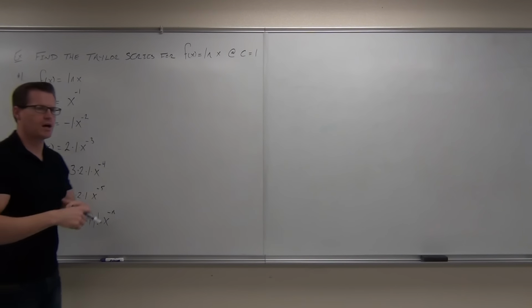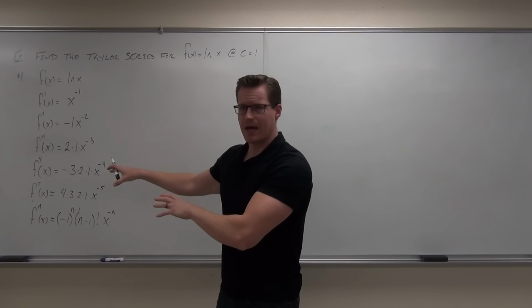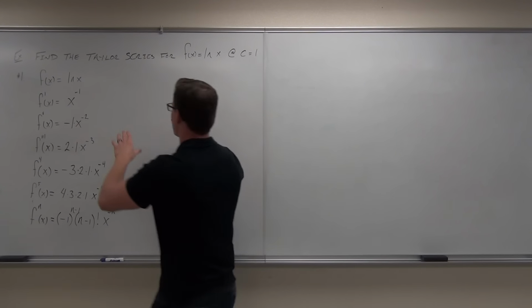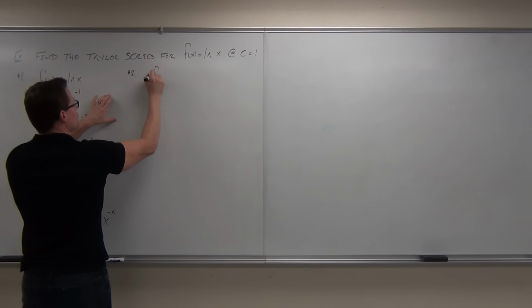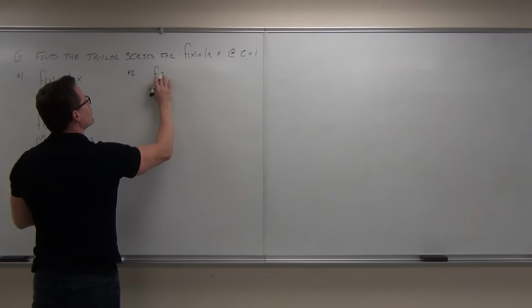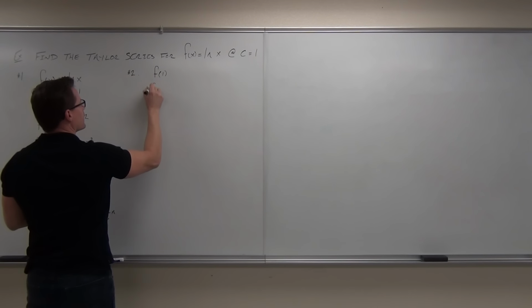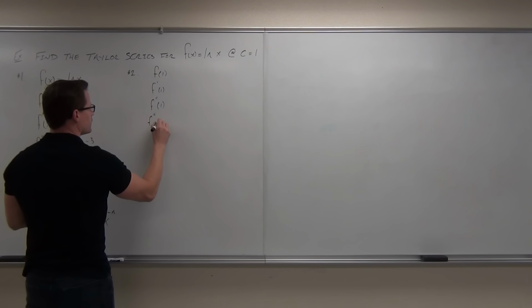And you know what? If you're not good at it, you go, man, I don't know. Well, if you can't find a pattern here, that's okay. What you're really looking for is step number 2, plug in the numbers. What are we plugging in even? 1. Plug in 1. Okay, so f of 1, and f prime of 1, and f double prime of 1, and plug them all in for 1.